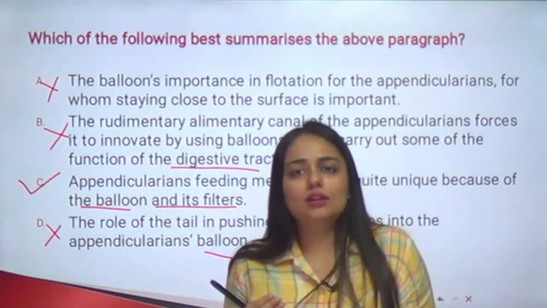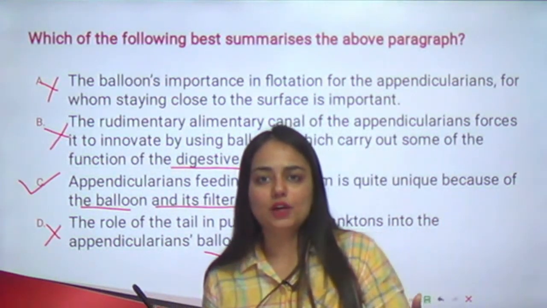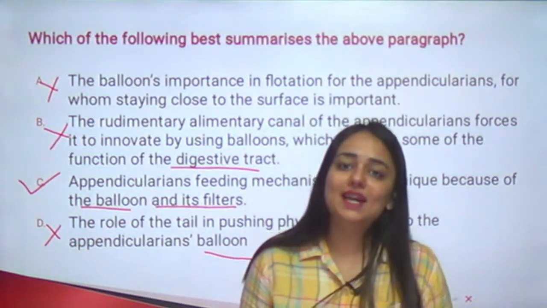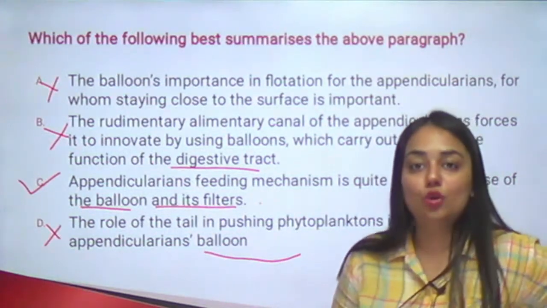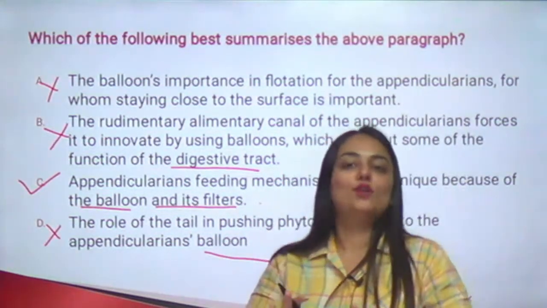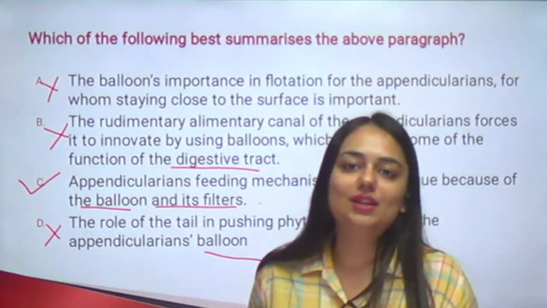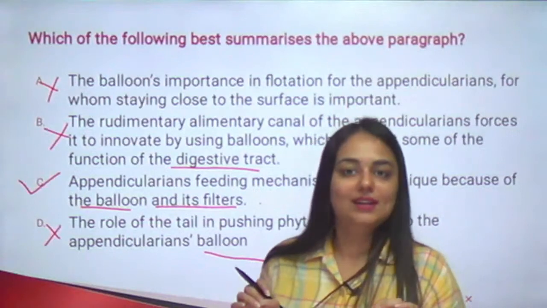They use a very different kind of mechanism. That's it. That's the main idea. The rest of it is just an explanation of the same thing, right? So this one is more general, more broad in its terms, and this encapsulates the essence of the whole passage in a very appropriate way. I hope the para-summary questions are clear to you.